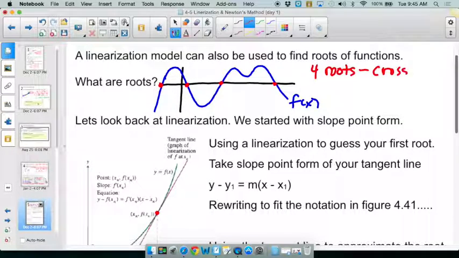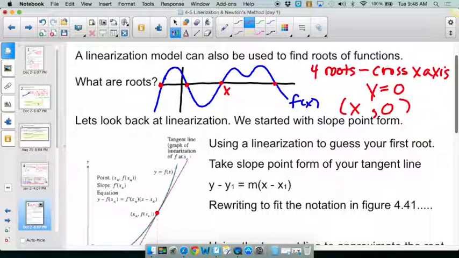Where they cross the x-axis. And somebody said something about y that I thought was important. Y equals 0. The y coordinate equals 0. So if I would write this in coordinate form, I would say I have some value x, but the y value is 0. And that x must be a root then.